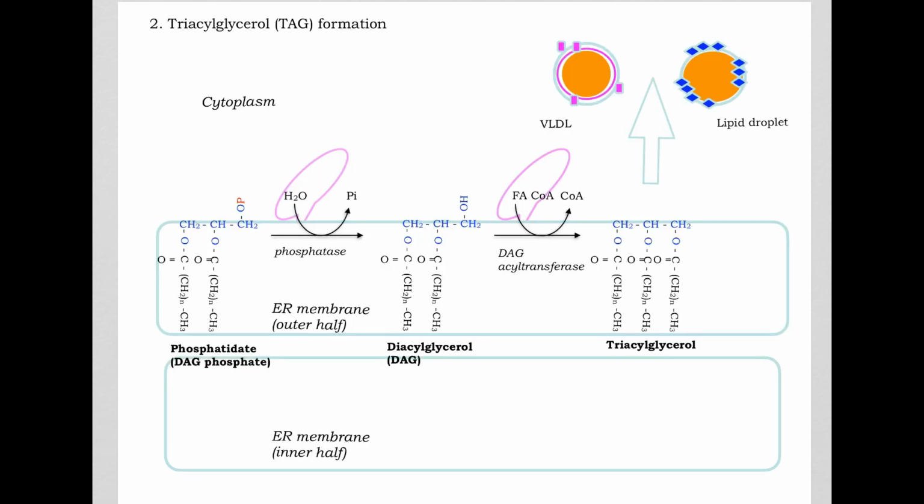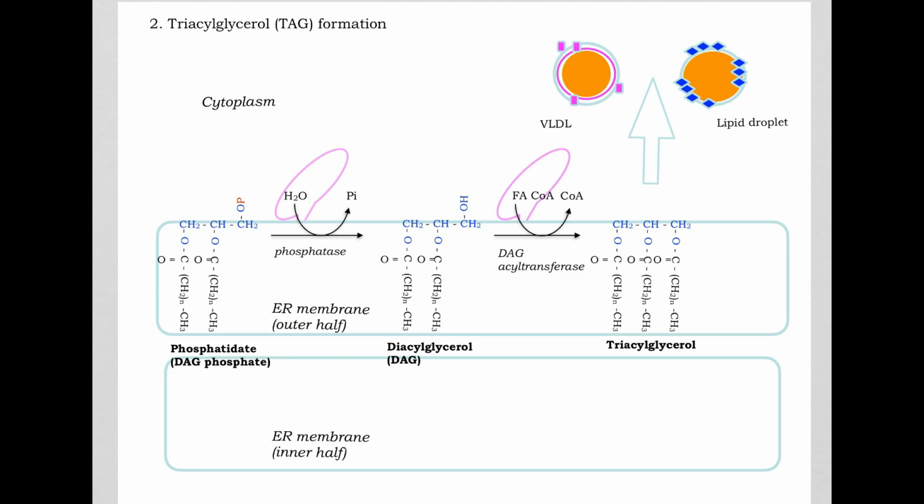In the next step, the phosphate group is removed from phosphatidic acid or DAG phosphate, and that's done by the enzyme phosphatase. So that removes the phosphate group, and now we get diacylglycerol. You can see the phosphate group is gone, and we have our 2 fatty acids connected to glycerol. So this is called diacylglycerol.